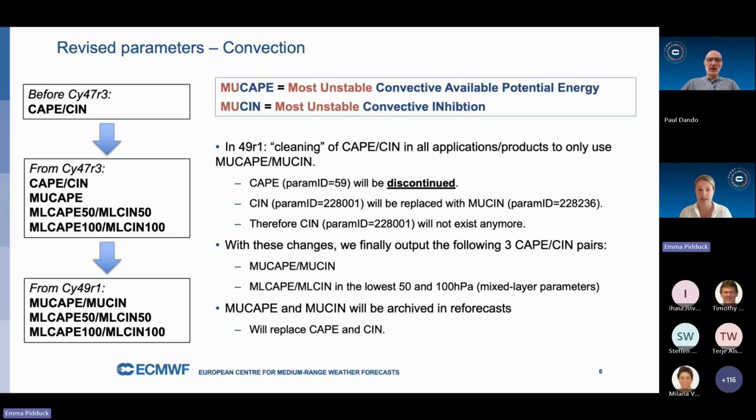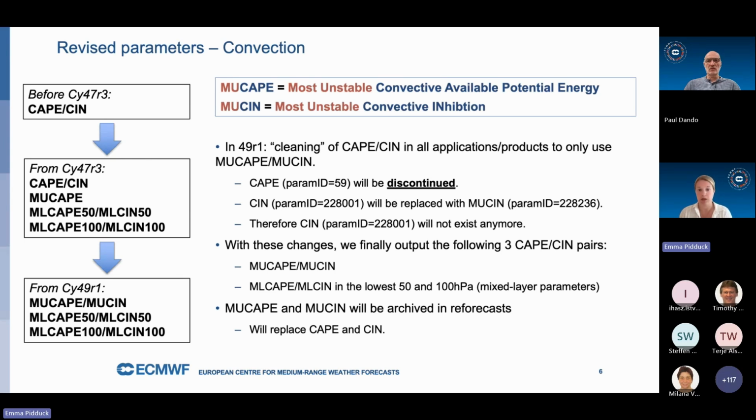But from 47R3, we also introduced new parameters called mu-CAPE and mu-CIN, or most unstable convective available potential energy and most unstable convective inhibition. So between 47R3 and 48R1, we've been running a kind of hybrid of these options with new parameters, with the final aim to deprecate the original CAPE and CIN parameters.